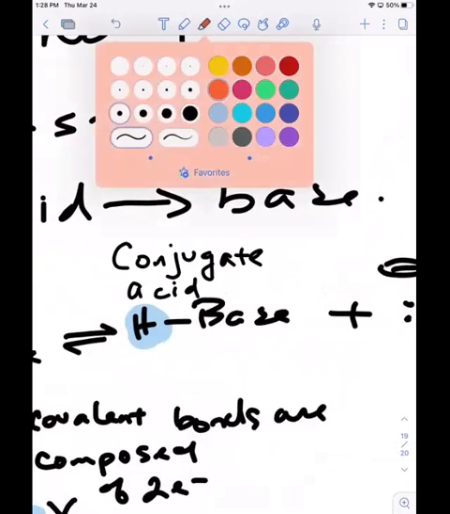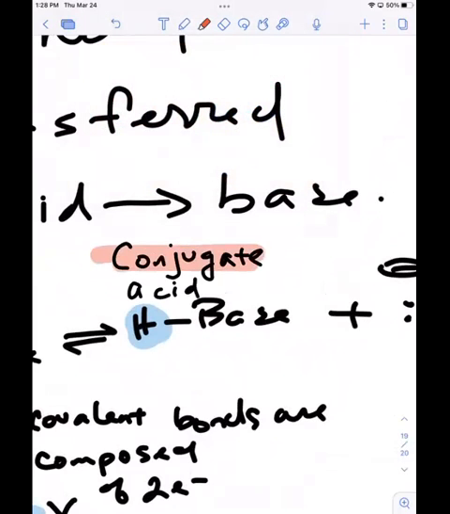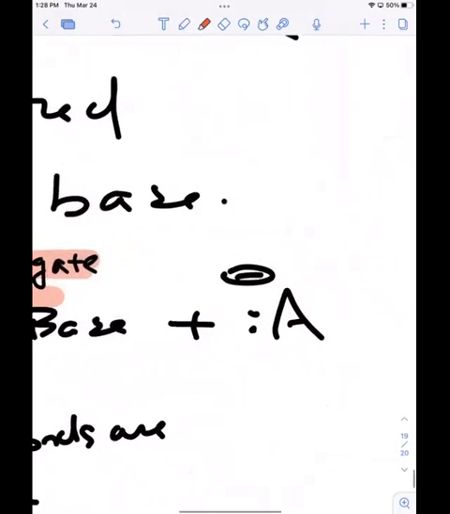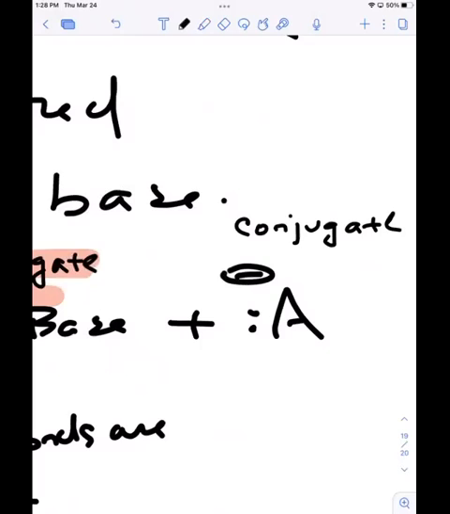And then A becomes what we call the conjugate base, right?